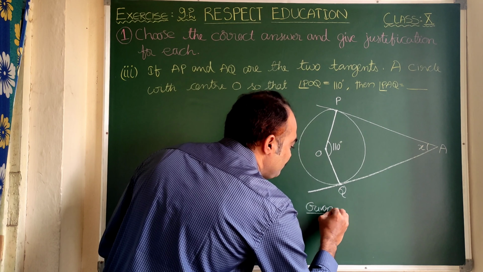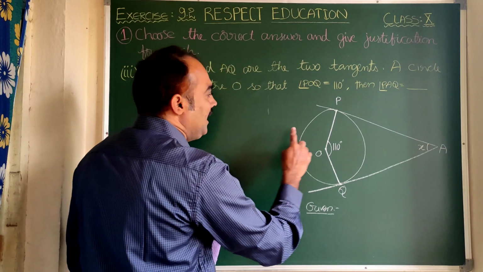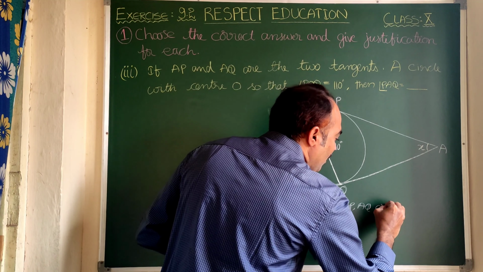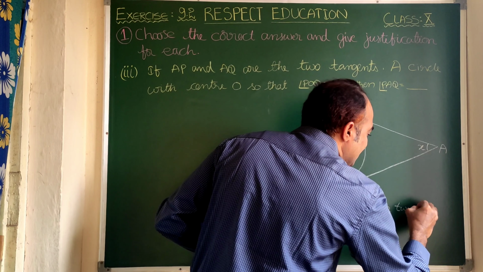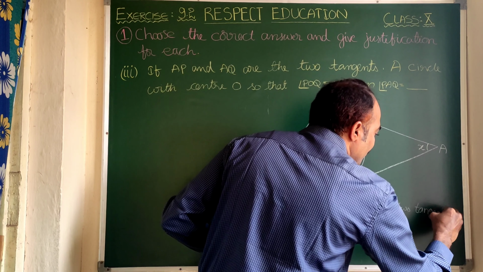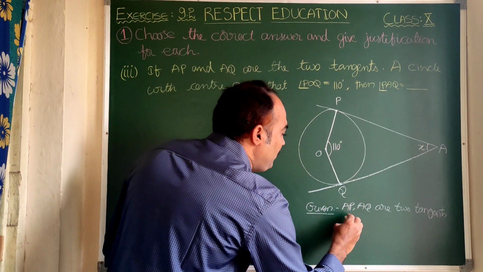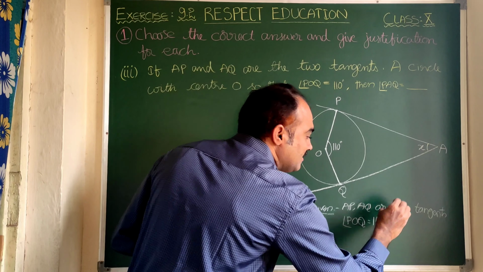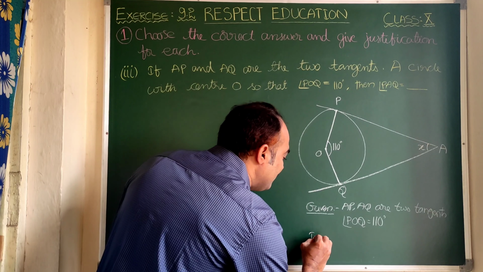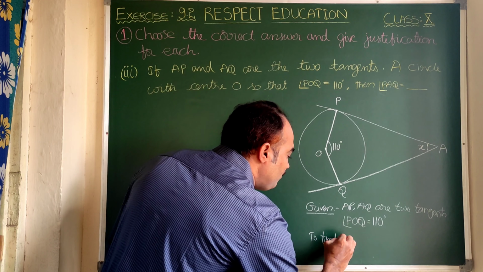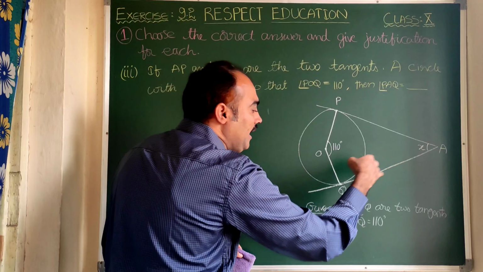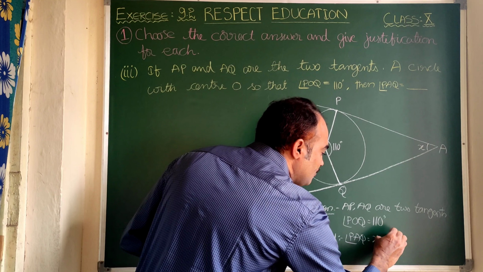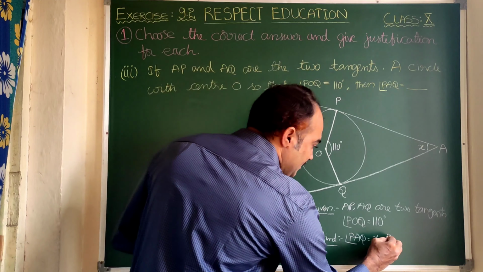Given AP and AQ are the two tangents, and also given angle POQ is equal to 110 degrees. To find, angle PAQ, that is nothing but x, the question mark.